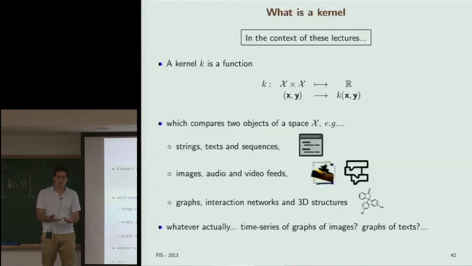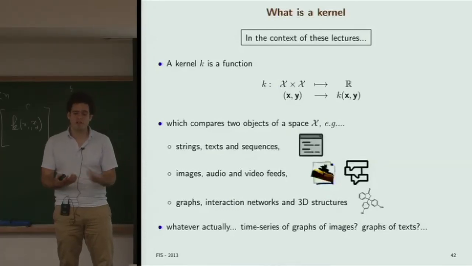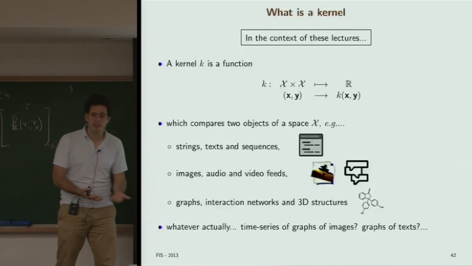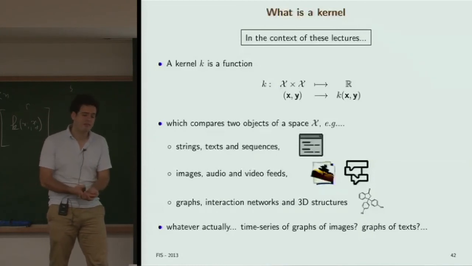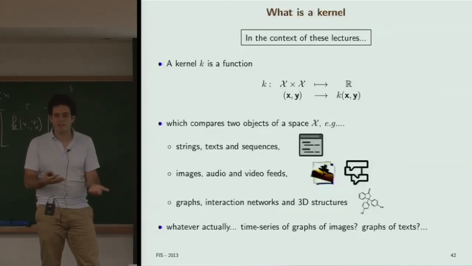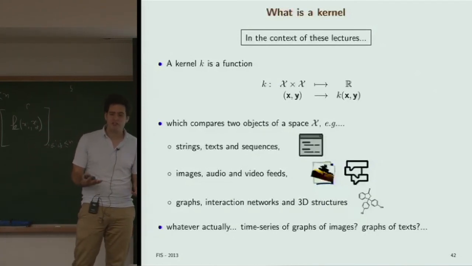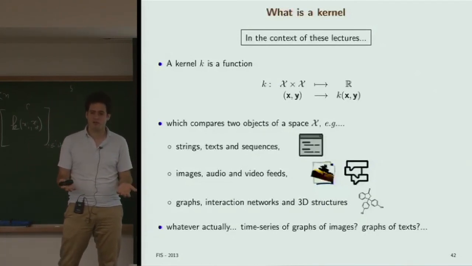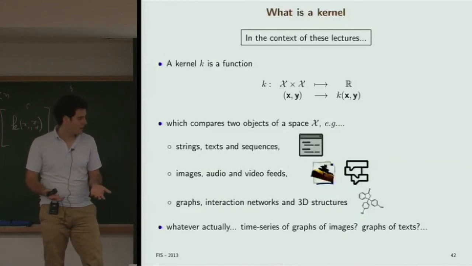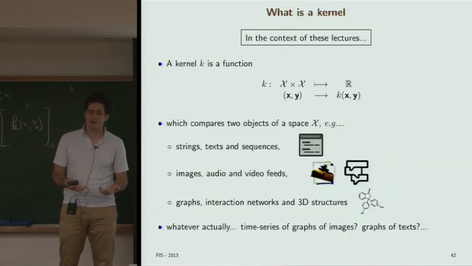You will have raw data which will have a structure. So you will have strings, you will have graphs, you will have text, you will have whatever, time series of text, time series of graphs, etc. And there's no easy feature representation or vector representation for those objects. In that case, you can use kernel methods.